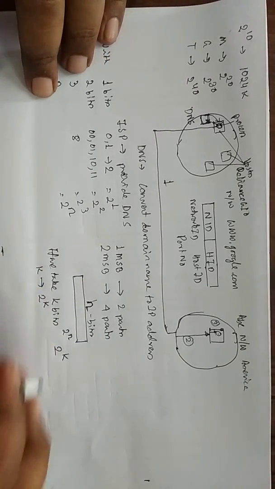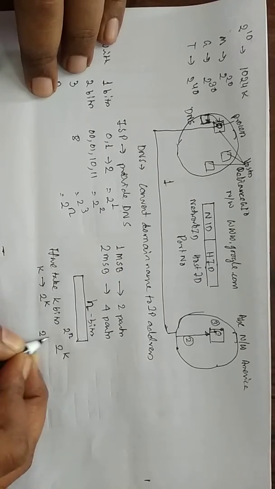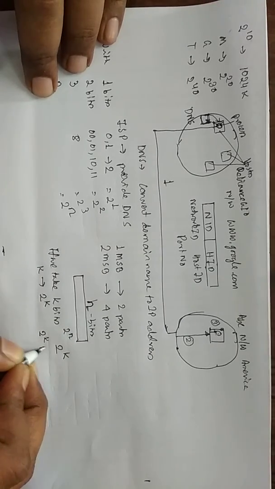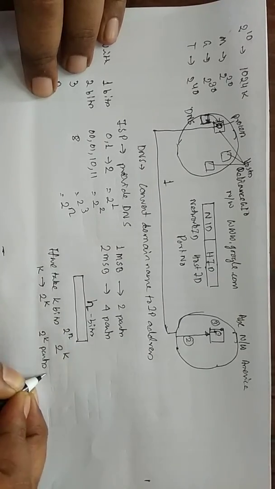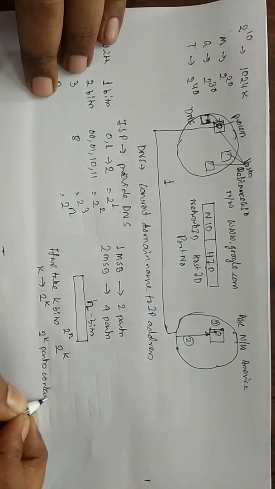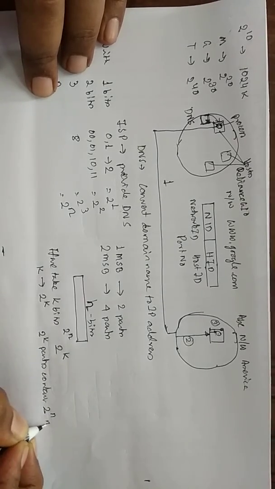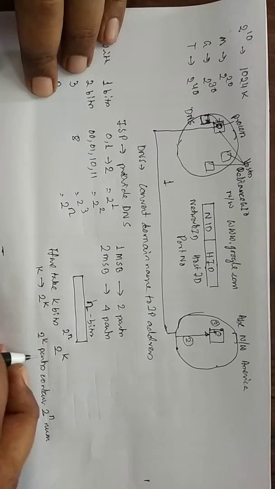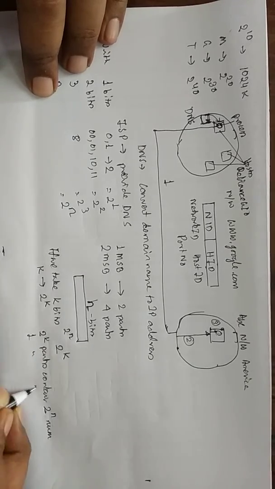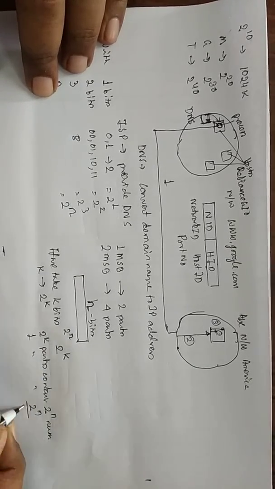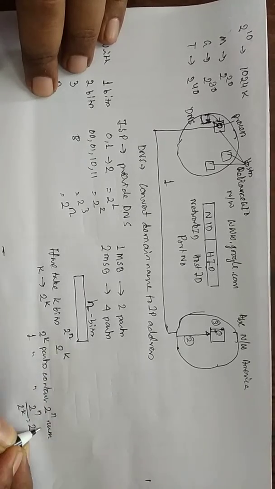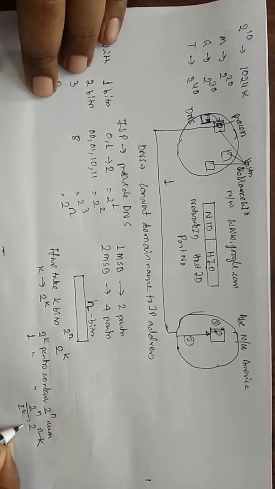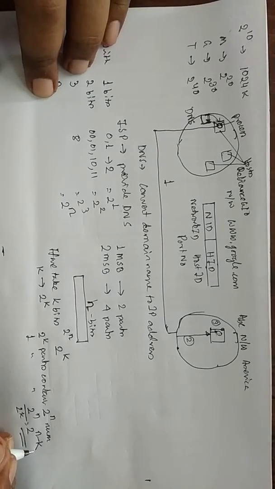Okay. So likewise we can write that the 2 to the power k parts contain 2 to the power n numbers. So one part contains how many? 2 to the power n divided by 2 to the power k, that is equal to 2 to the power n minus k. So we have to remember 2 to the power n minus k.